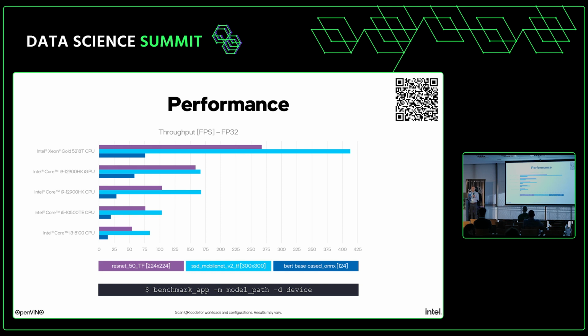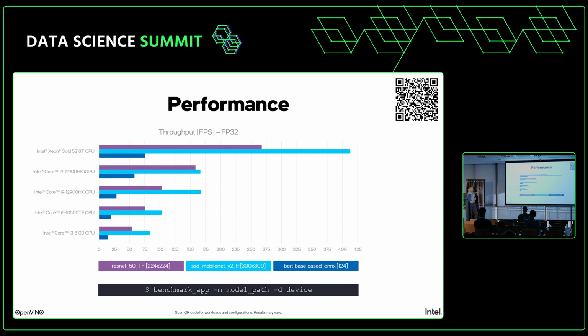But even if we just look at Core CPUs, Core i9, i5, i3, the results are pretty good, right? For example, the cheapest and the weakest processor here, Intel Core i3 from the 8th generation. 8th generation means that it's from 2018, so it's 4 years old. In the case of image classification or object detection, you have more than 50 frames per second.